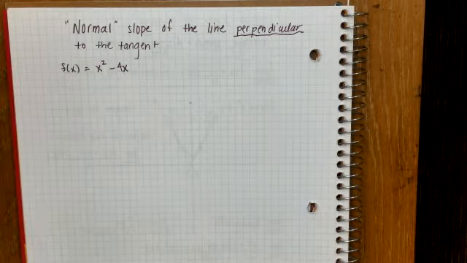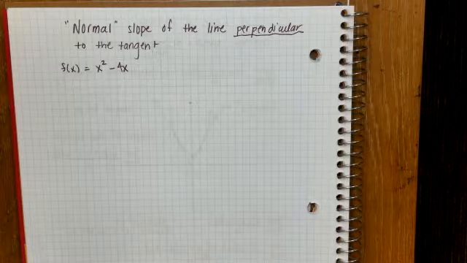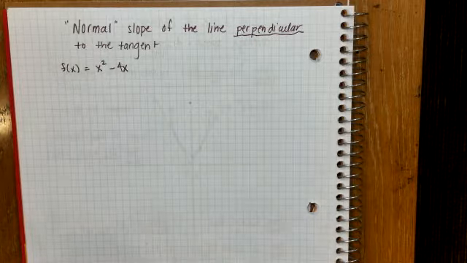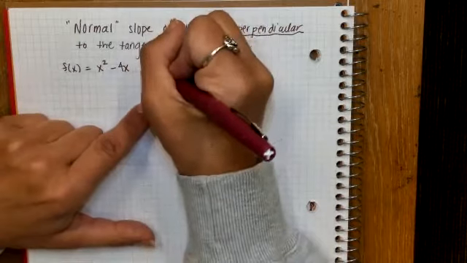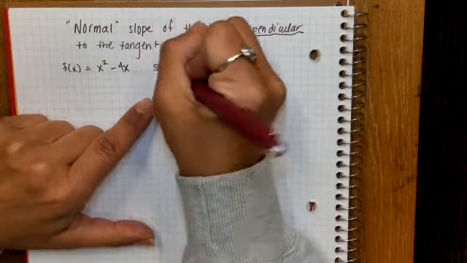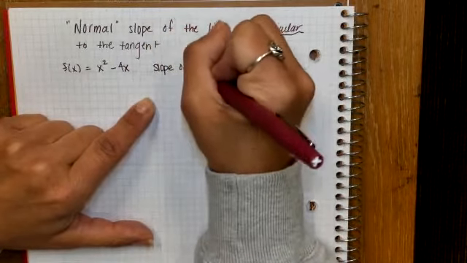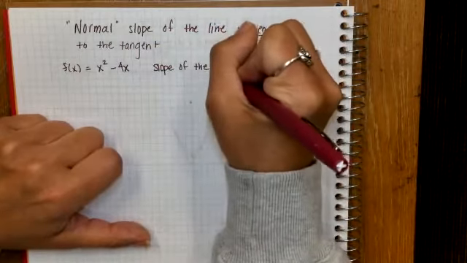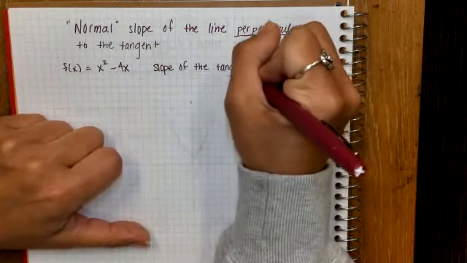Let's just find the equation for the slope of the tangent line at any point along this curve. So we're going to find the slope of the tangent line at any point along this curve.